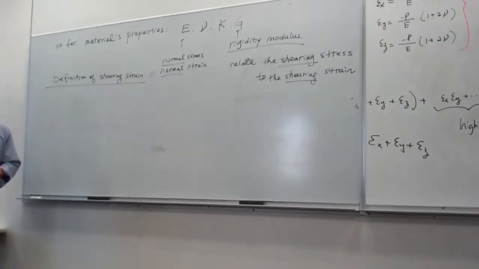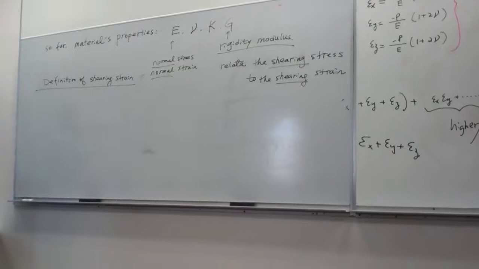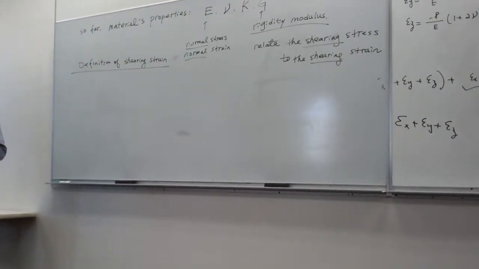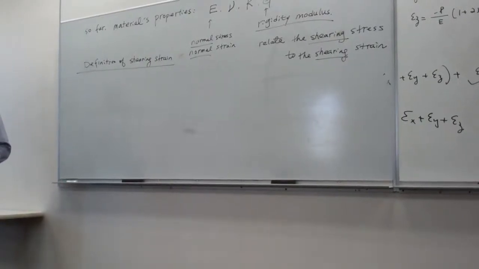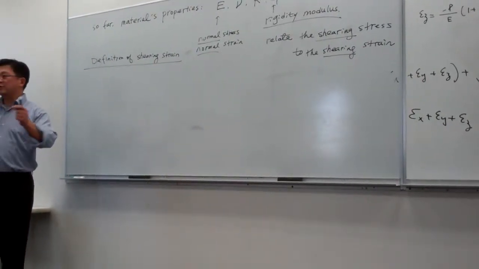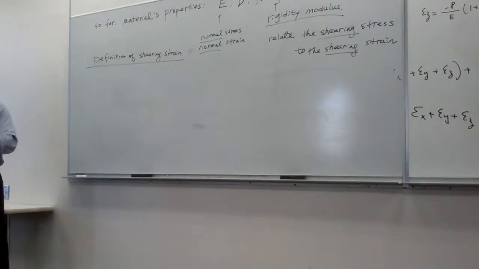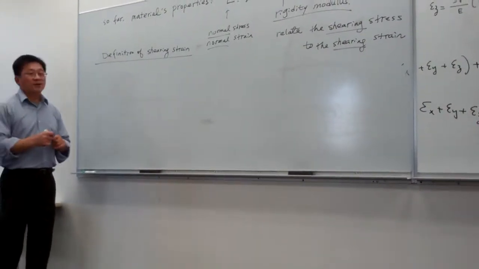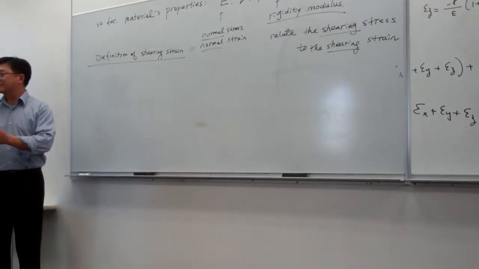And shearing strain, again, the strain is always a quantity to measure the deformation of the shape or the geometry. The normal strain is about the deformation, elongation, or shrinkage. Shearing strain is different. That is about the measure of the angles.